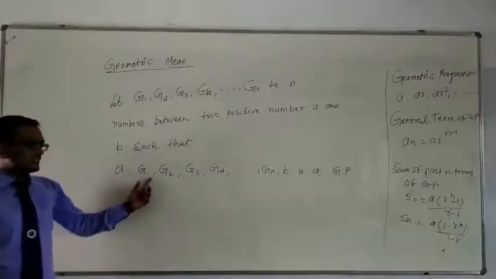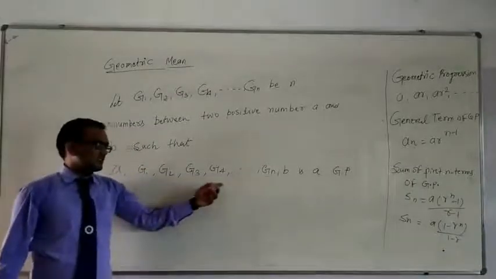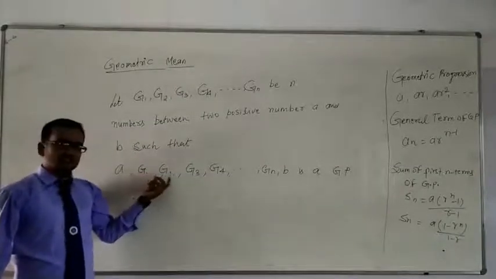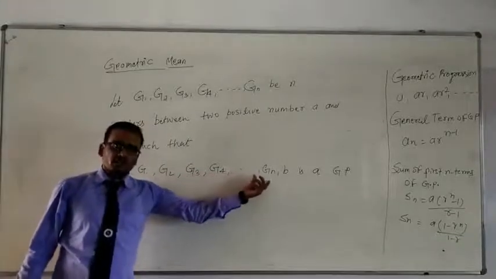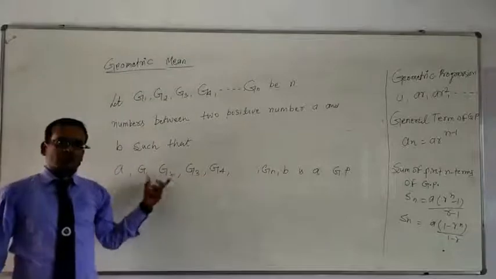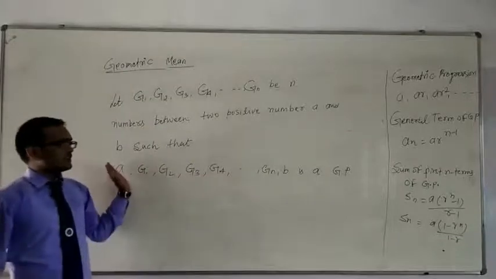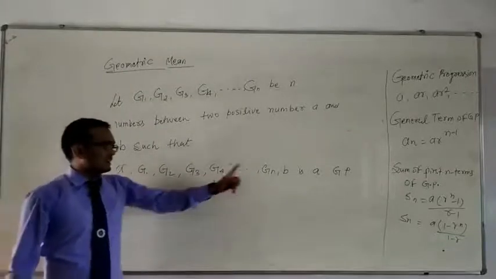Then these inserted numbers, that means G1, G2, G3, G4, and so on, Gn, are called the geometric means of A and B.